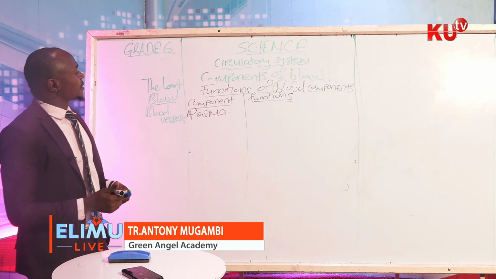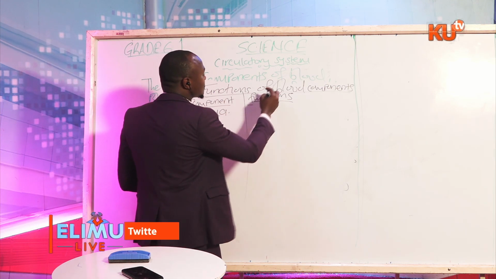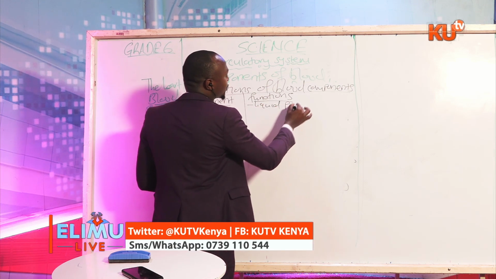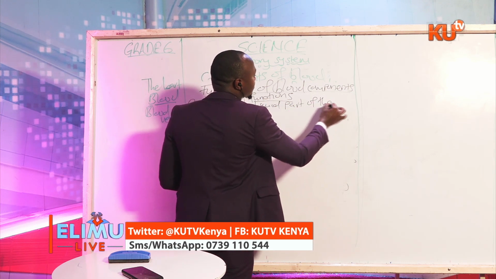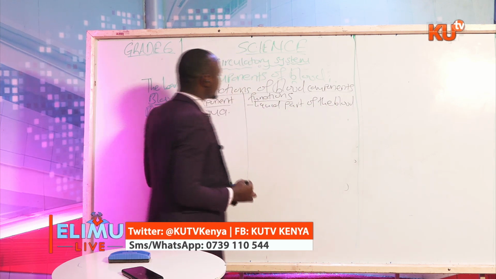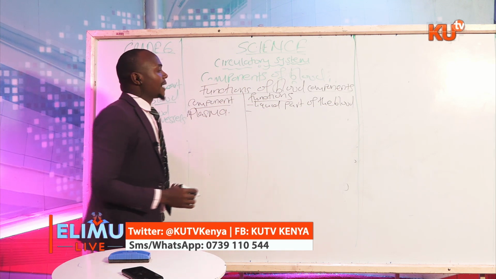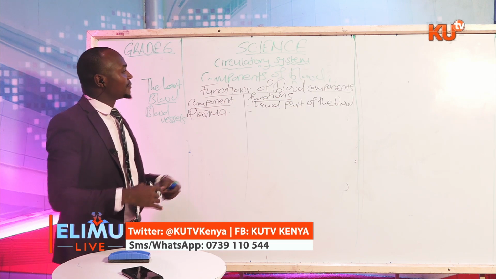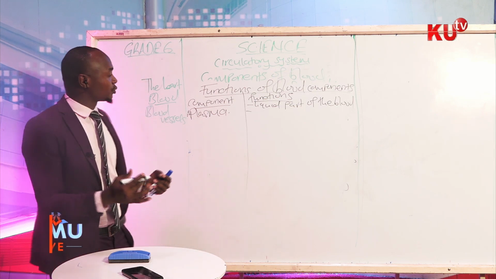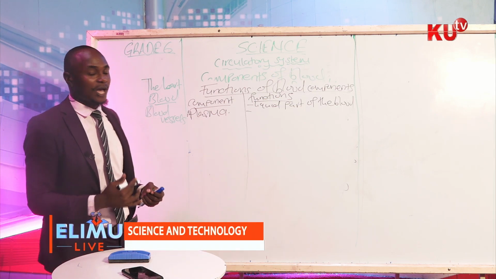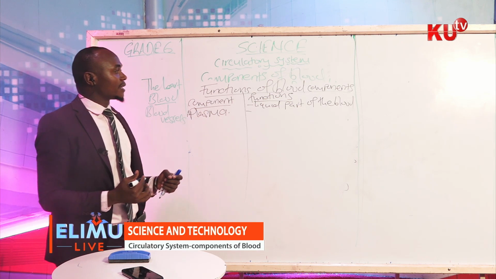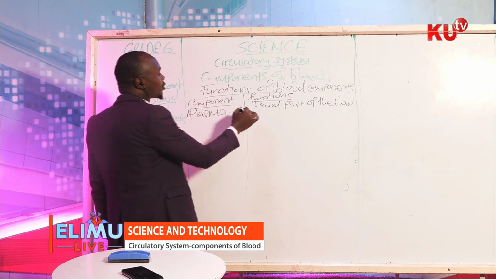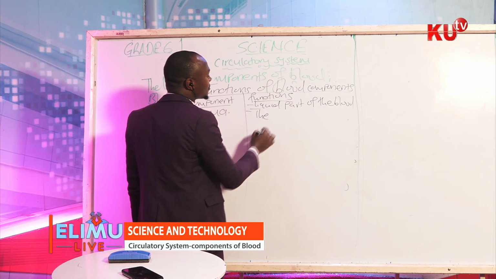One, of course, we have seen that this is the liquid part of the blood. Plasma is also the main blood component. The reason why we call it the main blood component is that the other blood components are found within the blood plasma.